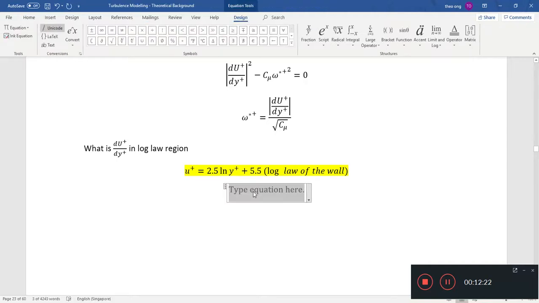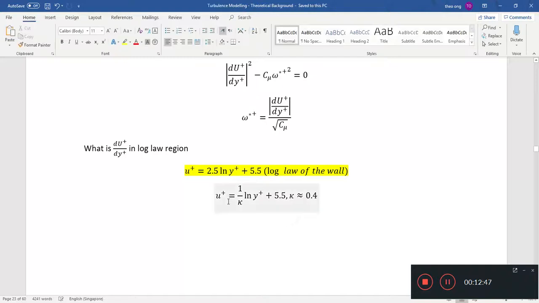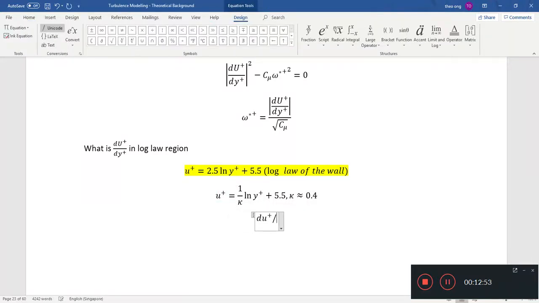Or rather, u plus equals 1 divided by kappa ln y plus 5.5, where kappa equals 0.4. If we just take du plus dy plus of this, that will just be equal to 1 over kappa. This term disappears.